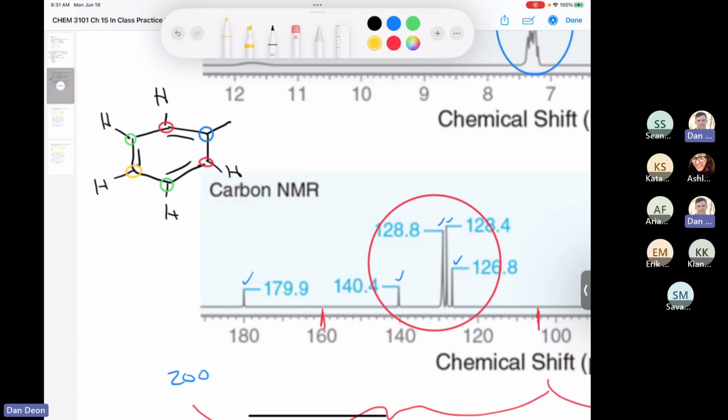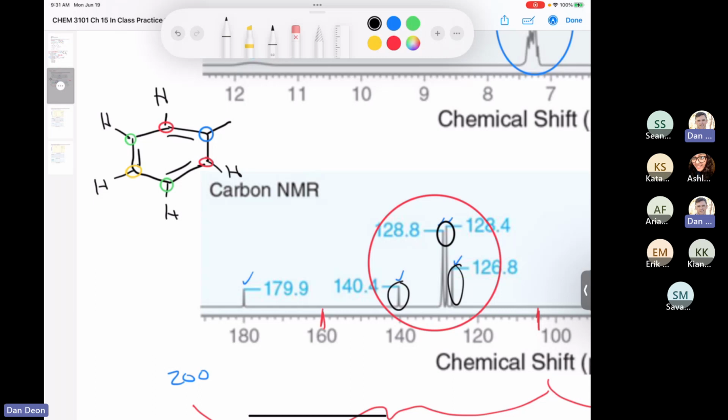Now, let me tell you something that I don't think the textbook tells you, but I'll explain it to you. And if you're taking the lab with Mr. Geiger, he may have explained this to you, is that there's no integration in a carbon-13 spectrum, but you see how these 2 signals here are about twice as high as this signal and this little signal here? You see how they're almost double the height?